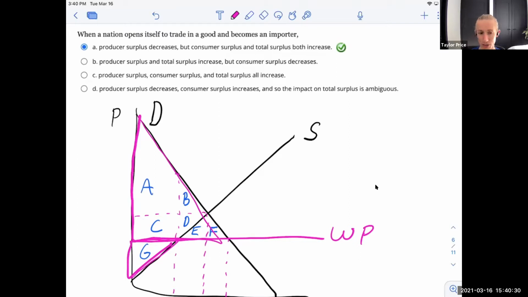Consumer surplus increases because we can see that consumer surplus is gaining C, D, E, and F. And total surplus is increasing because E and F were previously not available under the domestic market. So because of that, everyone is benefiting.